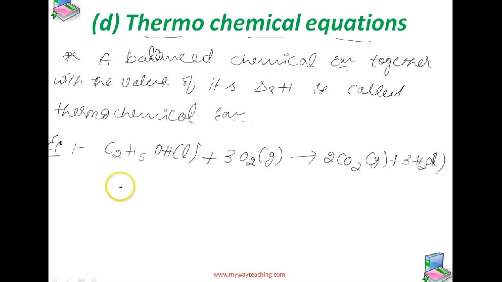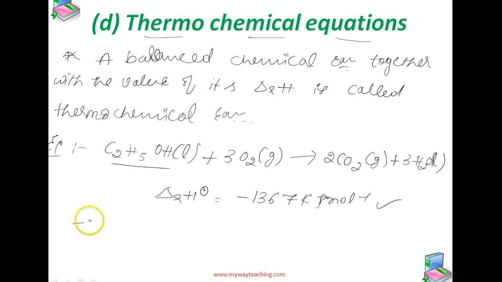So here delta RH is equal to minus 1367 kilojoule per mole. The above equation describes the combustion of liquid ethanol, at constant temperature and pressure. The negative sign of enthalpy change indicates that this is an exothermic reaction.